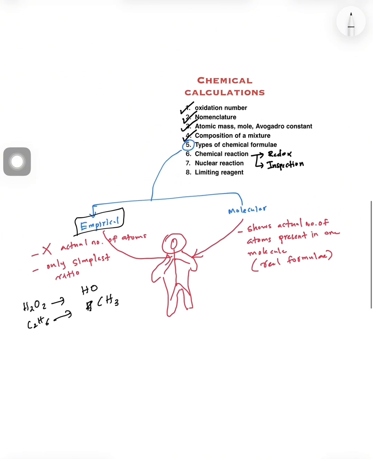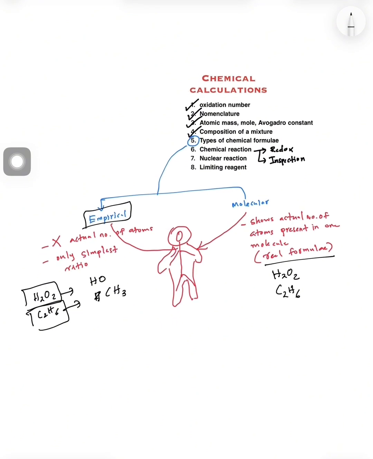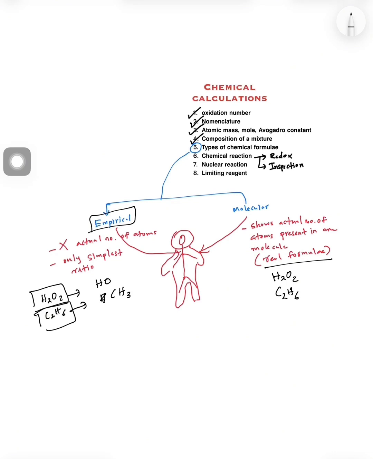But the molecular formula is the real formula: this H2O2 and C2H6. We have created a relationship between these two, the empirical formula and molecular formula, and we simply call it the EM relationship, or you can remember it like English medium relationships.